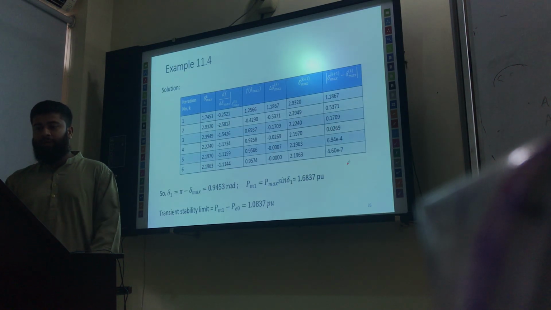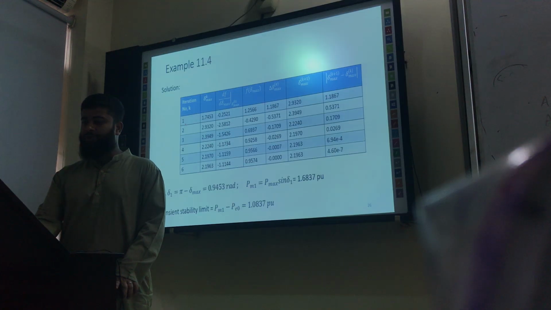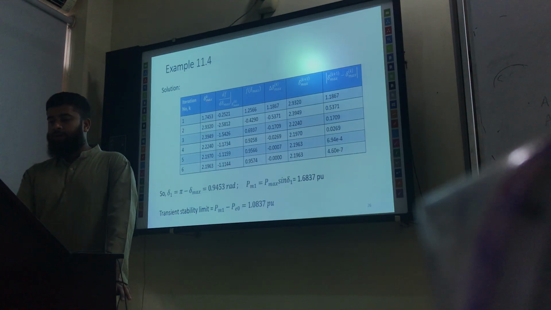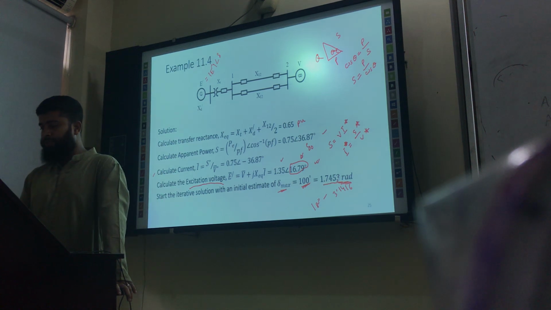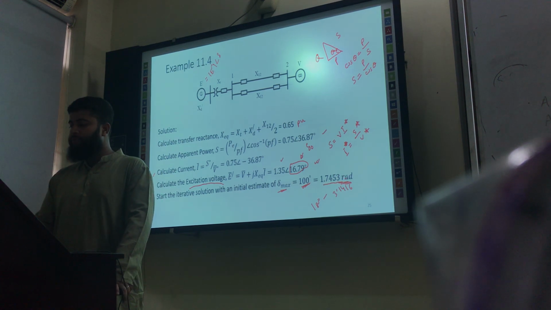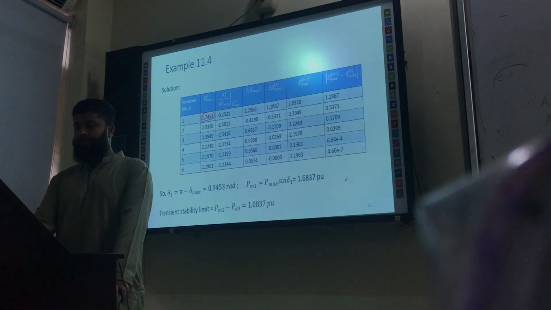Now you have to fill up this table. The first column is for the iteration number k. Then the value of delta max at that iteration k, and this is your initial delta max that you have taken here, 100 degree, corresponding to 1.7453 radian. Okay, that is here.